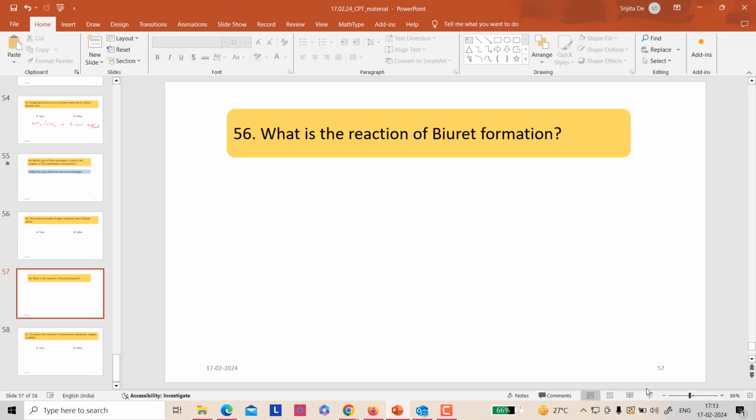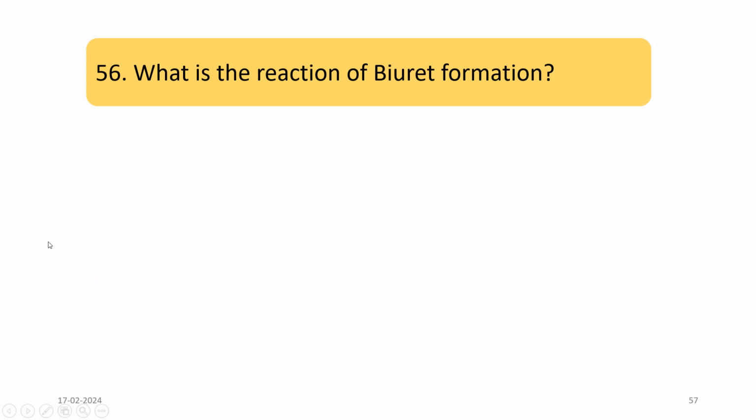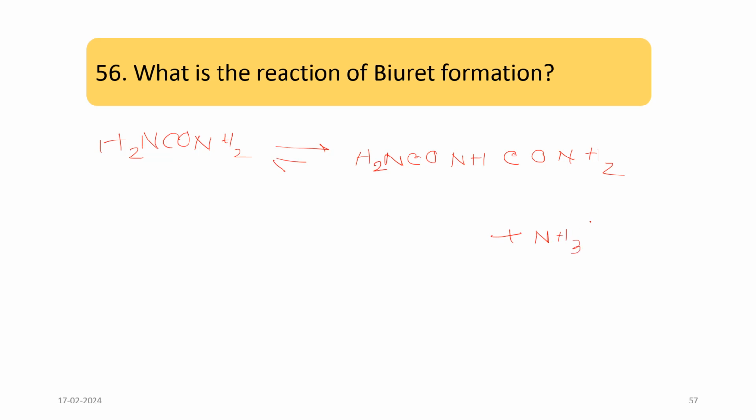Okay, so let me rewrite it. So the urea, after production of urea, that is H2NCONH2, decomposes to burette, H2NCONHCONH2 plus NH3. So here the stoichiometry ratio is two molecules of urea.